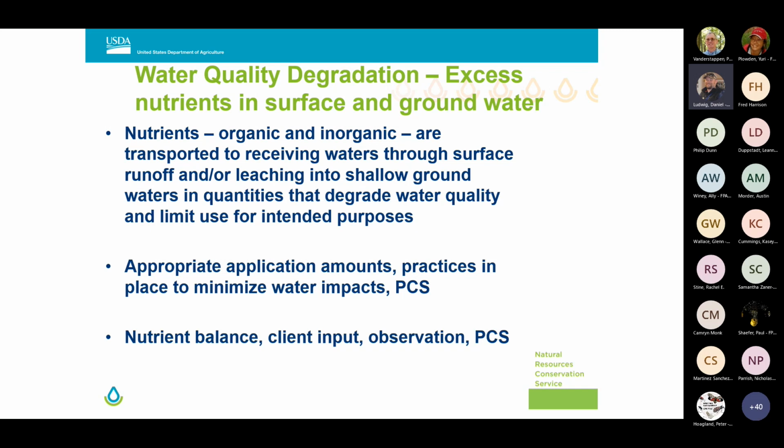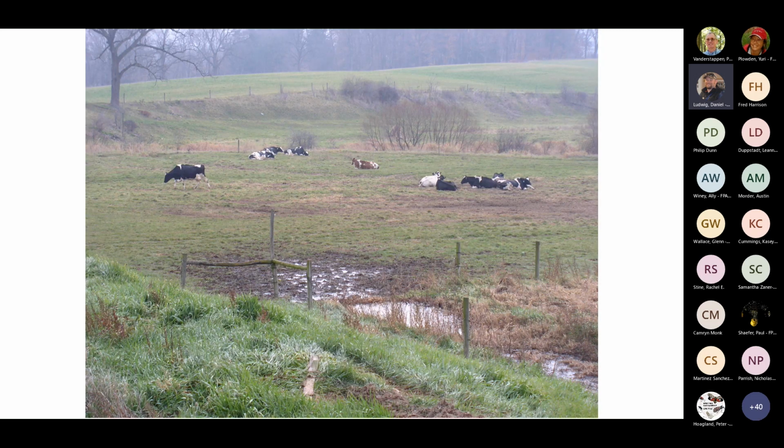Is that not proper timing of nutrient application? Is it over application where those nutrients are leaching into the soil and then moving horizontally to our streams? Obviously, in pastures, we can use PCS. So, a quick look at this pasture. We've got some surface water down below the cows.